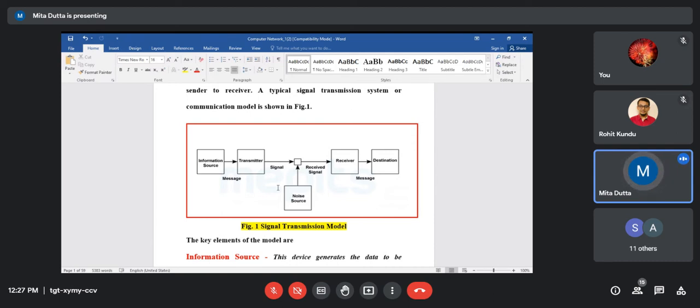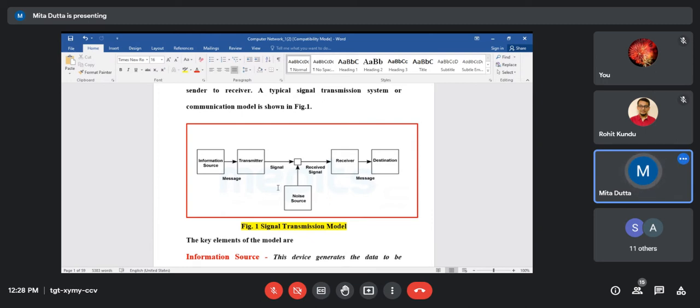Now, in amplitude modulation or in amplitude shift keying, the amplitude of the carrier is modulated with the baseband signal, because our main aim is to send the baseband signal, but in broadband communication we send the signal after modulating it with a high frequency carrier.